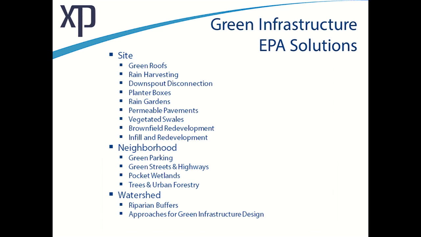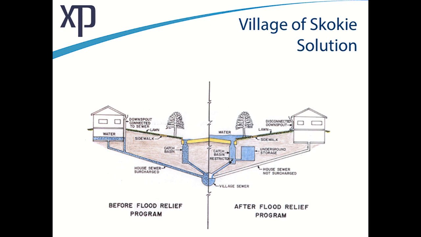And since I mentioned green infrastructure, I did want to show you that there are site infrastructure options, green roofs, etc., rain gardens, and there are also neighborhood options, which are green streets and highways, pervious pavement, etc. And finally, there are watershed approaches, riparian buffers, etc. Again, I would urge you, if you have more interest in low impact development, to look at Colby's presentation in the previous XP Live.